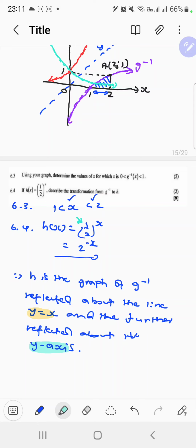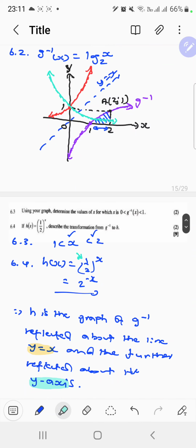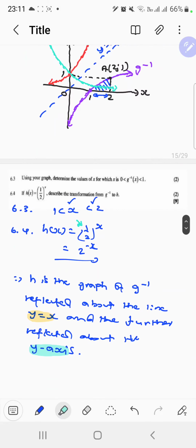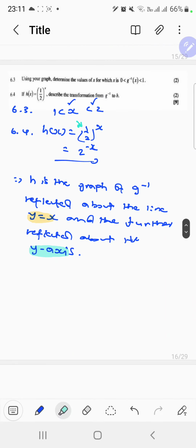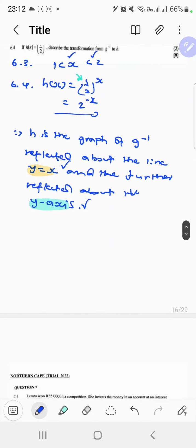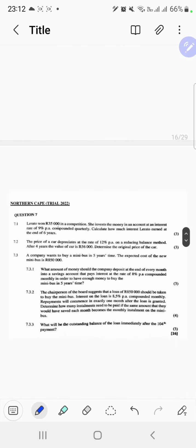Alright guys, this is how you can explain this. Of course, this tracks back from all of those flip-flops that we've had to do. So easy questions there. You get a mark for the first reflection and a mark for the second reflection. So that is good.